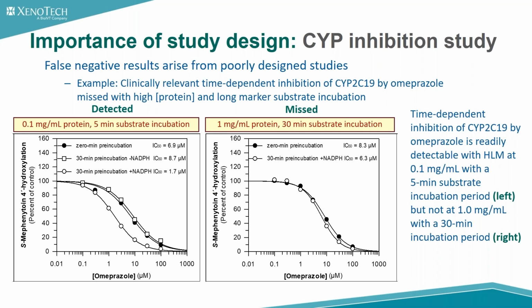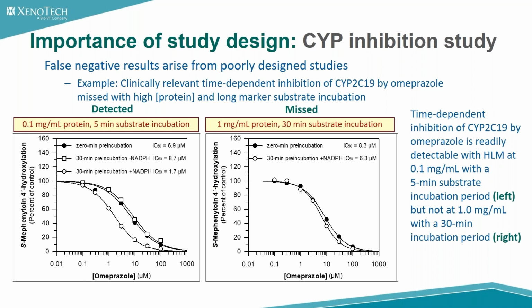So as we see on the left, when the study was conducted with very high, so 1 milligram protein and 30-minute substrate incubation time, the IC50 values are similar. And it was missed that omeprazole is a moderate time-dependent inhibitor of CYP2C19. And again, this is just based on the very slight shift that's seen in the IC50 curves between the 0-minute pre-incubation and the 30-minute pre-incubation.